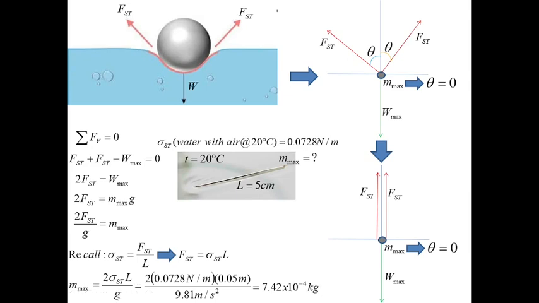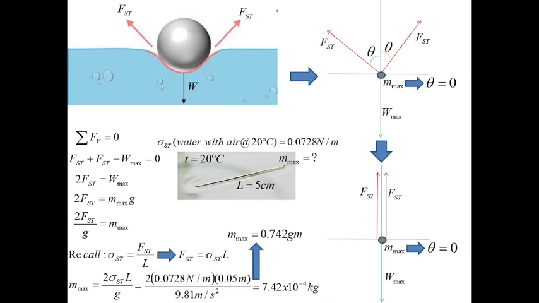Kilogram. Or, we can convert it to gram: 0.742 gram. Okay? So, a kilogram is 1,000 grams. The 7.42 times 10 to the negative 4, multiply it by 1,000 to become gram, which is 0.742 gram.